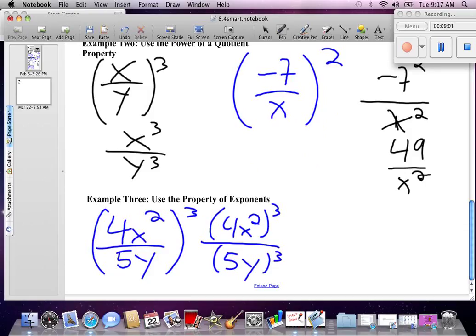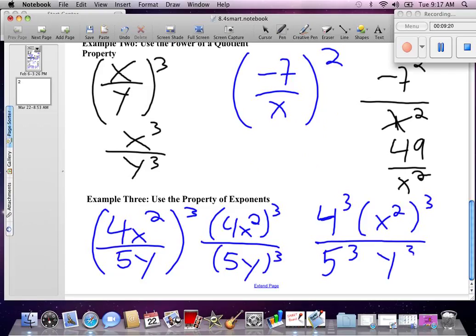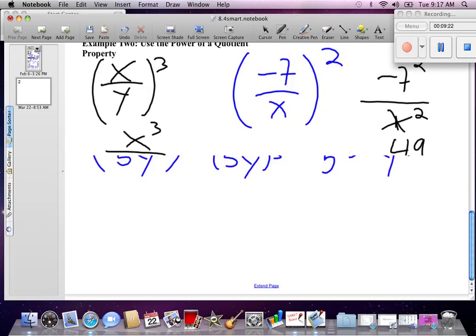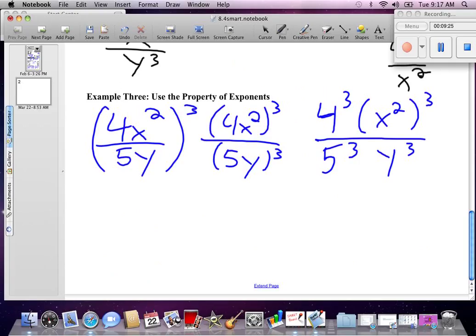Thank you. Okay, now we're going to distribute the cubed again. We take 4 cubed times x squared cubed. Okay, and we do the same thing with the bottom. 5 cubed y cubed. So 4 times 4 times 4 gives us 64.